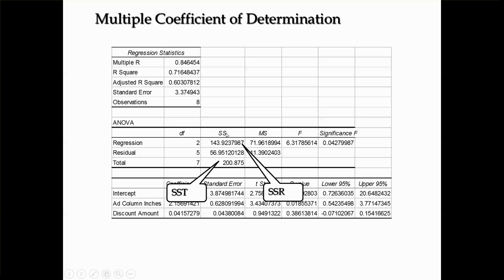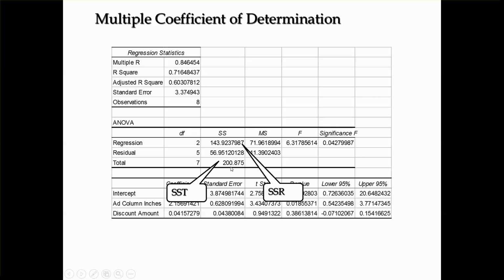The column labeled SS stands for sum of squares. The sum of squares explained by the regression is 143. That is our SSR. And the SSE, the sum of squares residual, is 56.95. If you add SSR plus SSE, you will get 200.